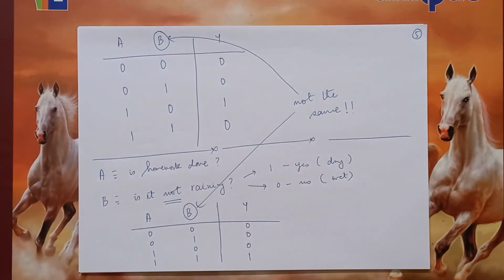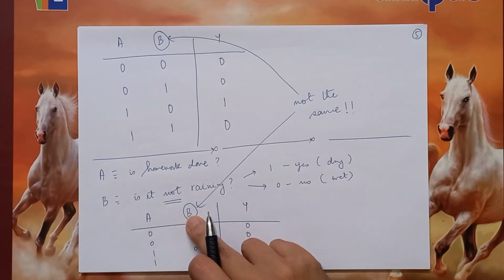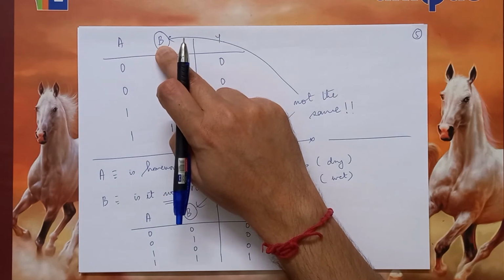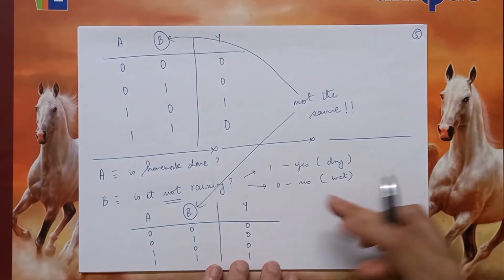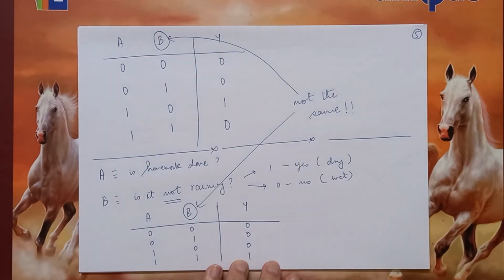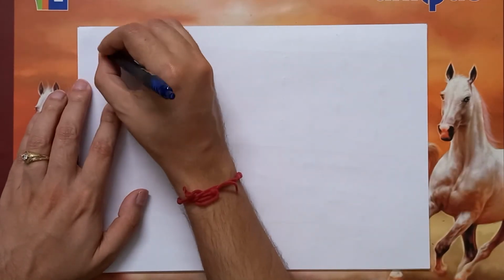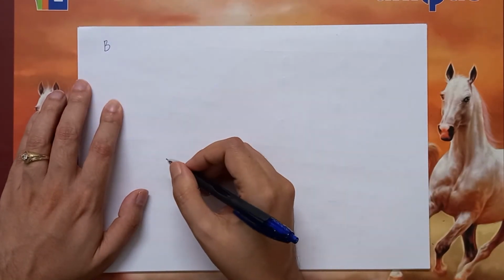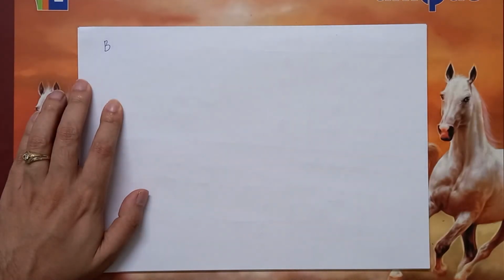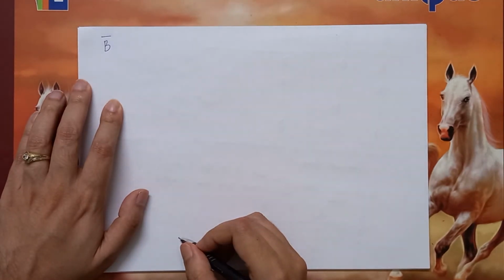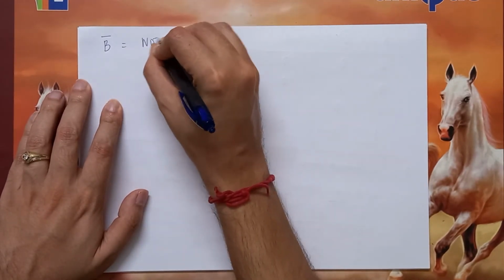If I want to correlate, I will say this B is the opposite of this B. So therefore, the B which I have, if I am reversing its condition, I call it NOT of B or B bar. This is called NOT of B.